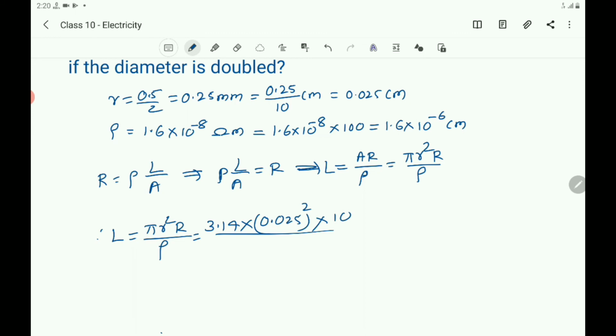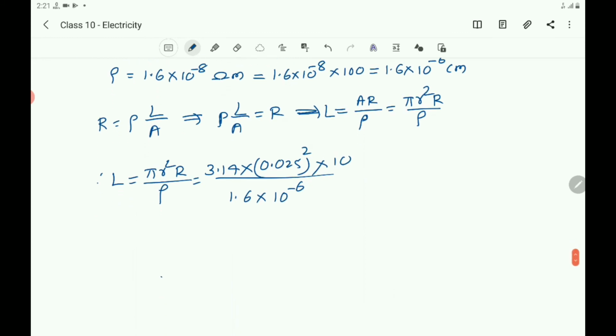The resistivity is 1.6 into 10 to the power of minus 6.